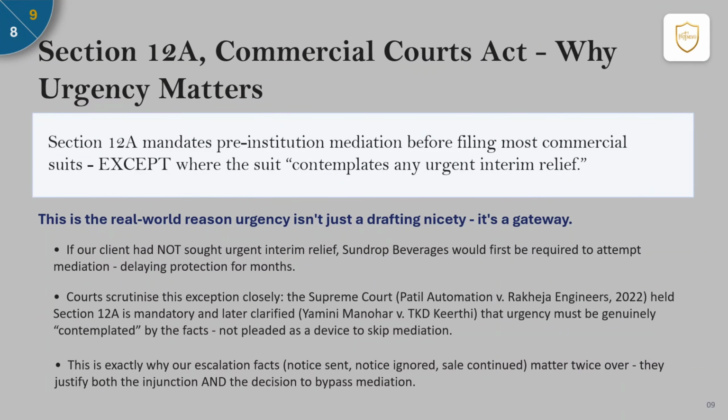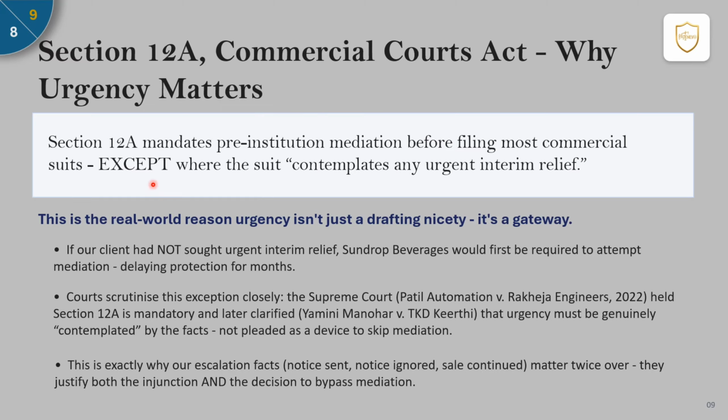So, here is the foundational point that most drafting classes skip entirely, and I think it is one of the most practically important things you will learn today, which is about Section 12A of the Commercial Courts Act, which makes pre-institution mediation mandatory before filing most commercial suits.